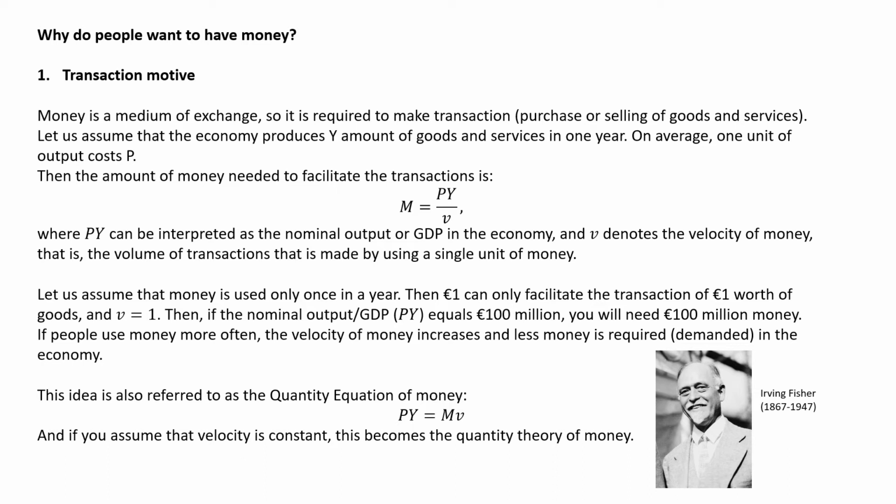If you make a further assumption, a very bold and unrealistic assumption, namely that the velocity of money is constant in an economy, then this becomes the so-called quantity theory of money, which was the brainchild of a great economist, Irving Fisher.